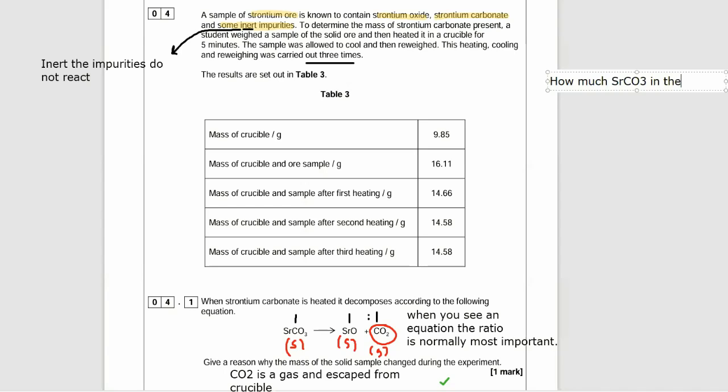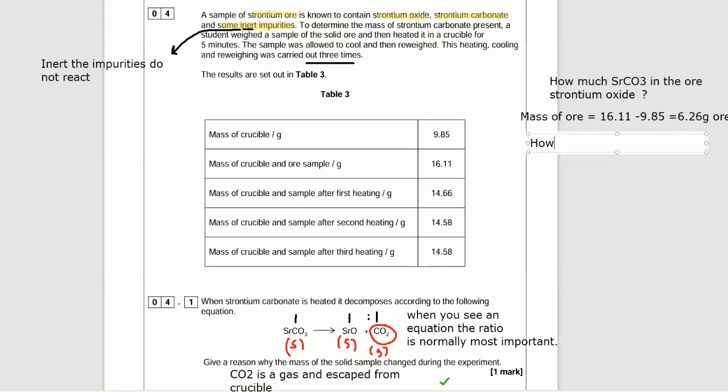Let's have a little look. So mass of the crucible was 9.85. The mass of the ore, therefore, is 16.11, take away the 9.85. This is before we've heated and broken down the carbonate into oxide and carbon dioxide. So we now know that we had 6.26 grams of strontium ore in total.